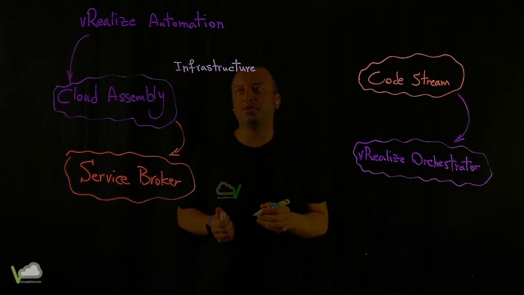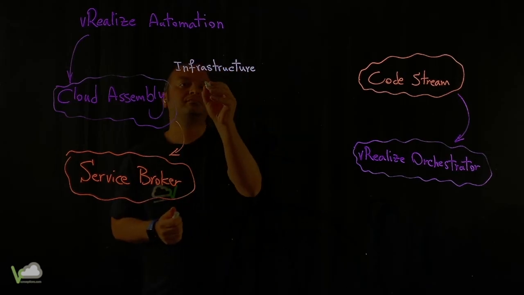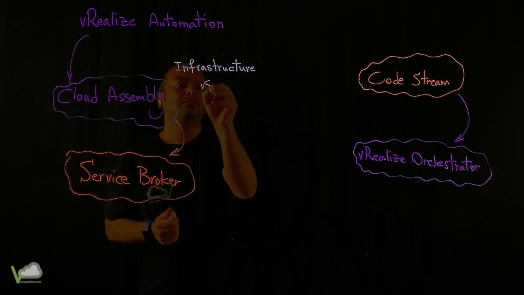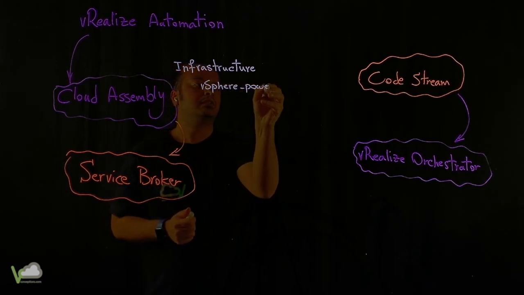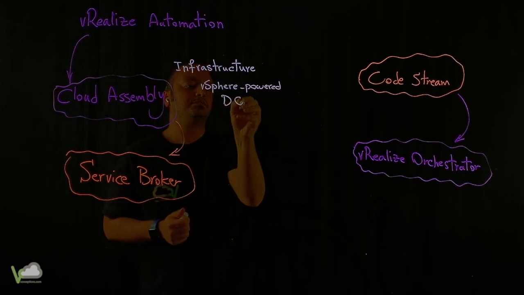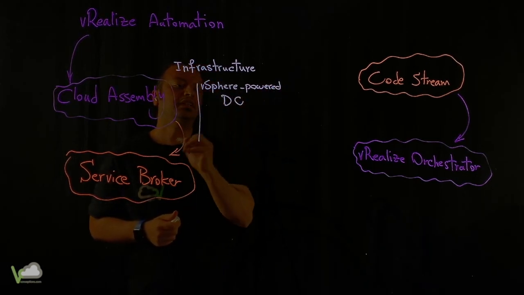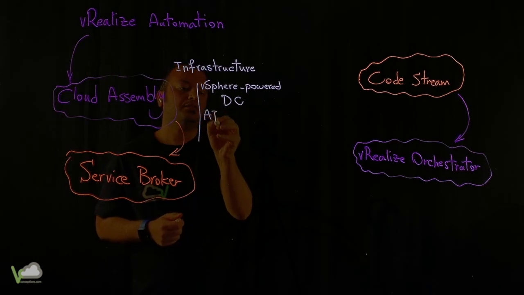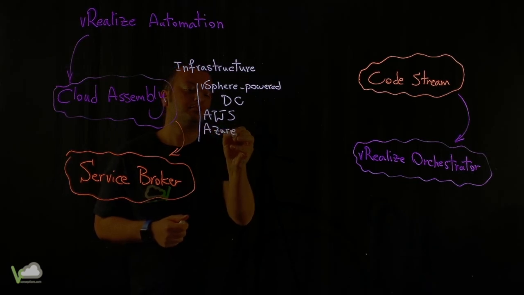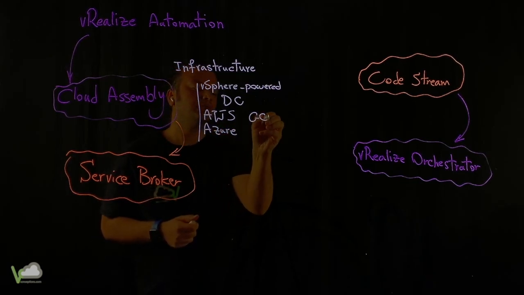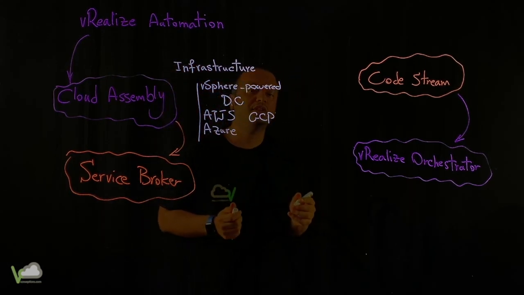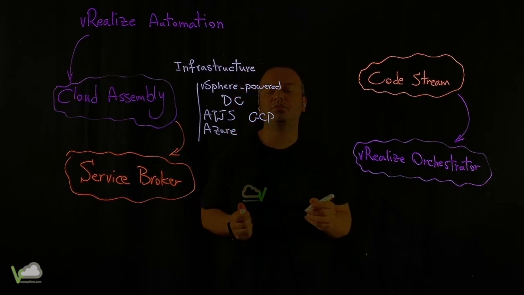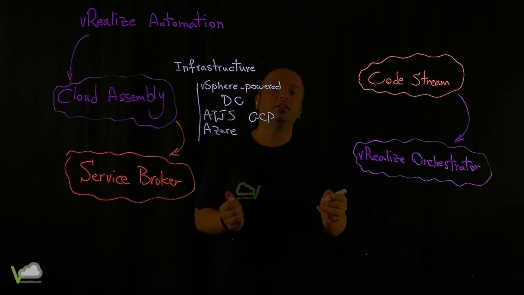As I told you before, you might have a vSphere powered data center. In the meantime, you can have an AWS subscription or an Azure or Google Cloud or any cloud that supports VMware workload like AVS or VMware Cloud on AWS.